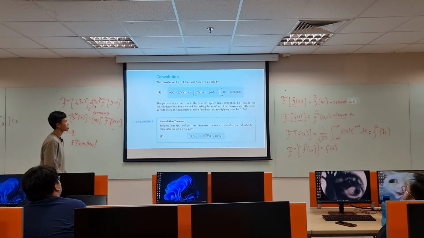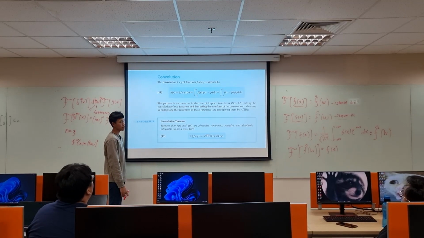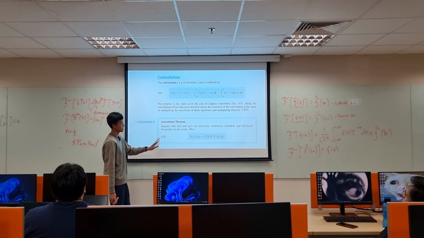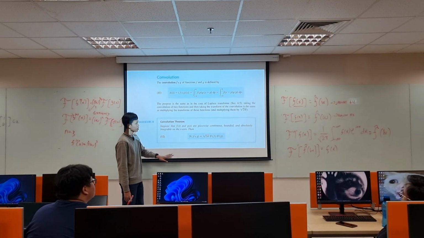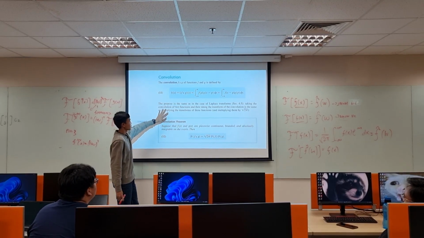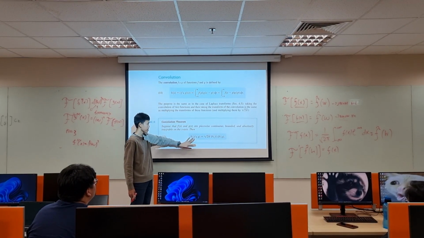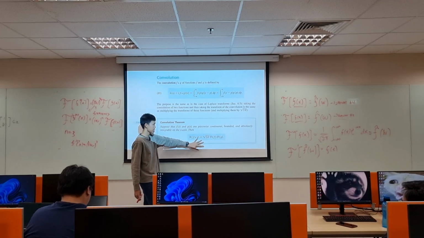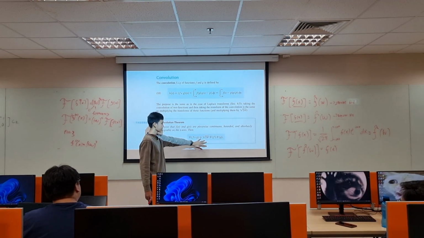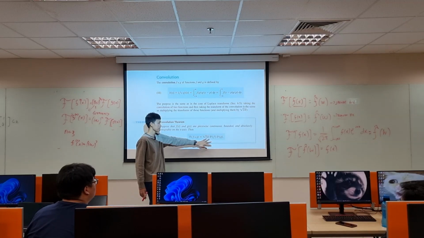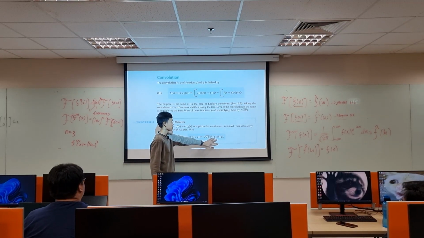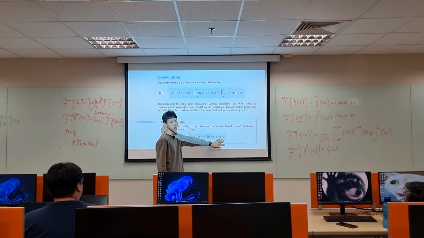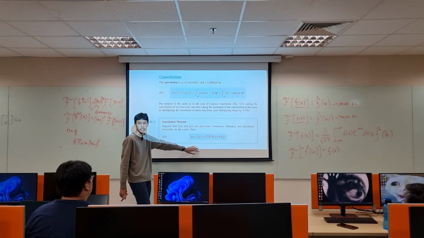For convolution, there will be no convolution in homeworks and exams, I guess, but just for completeness. The Fourier transform of the convolution f star g is the square root of 2 pi times the Fourier transform of f times the Fourier transform of g. Basically just saying that.